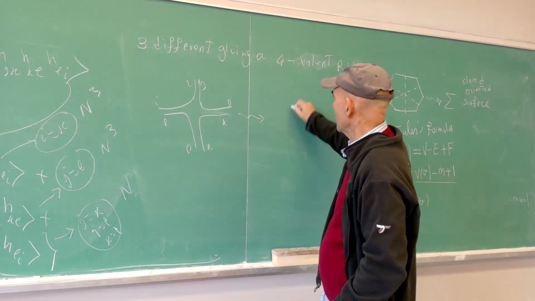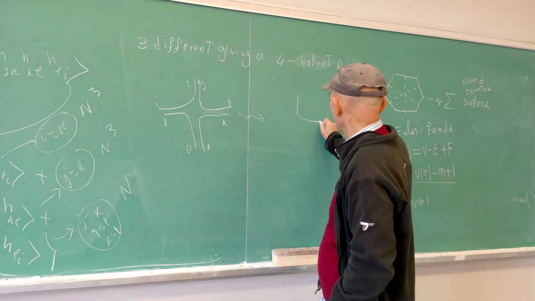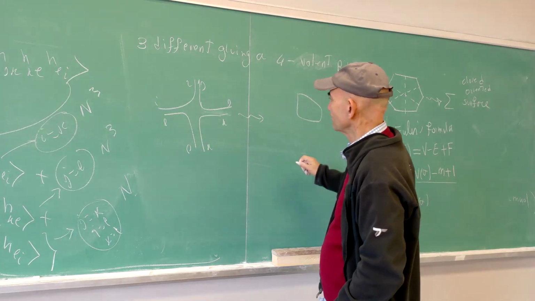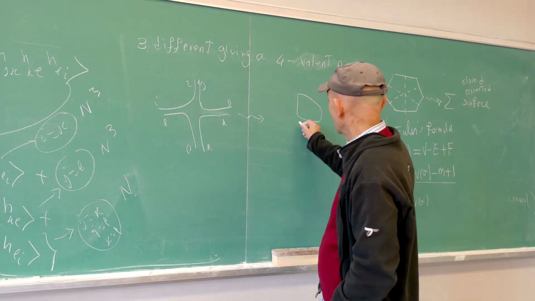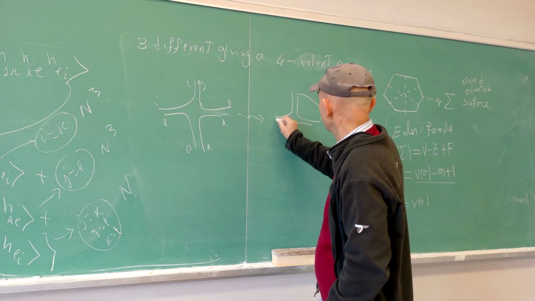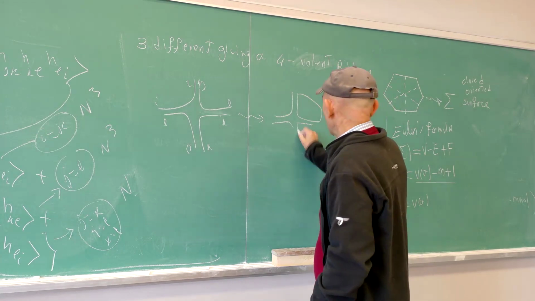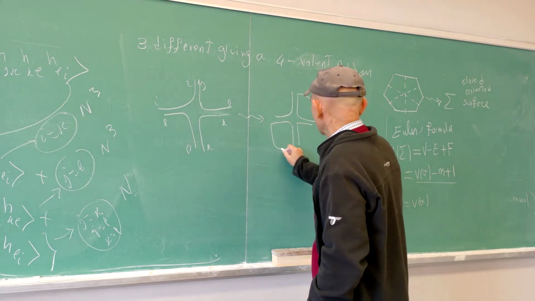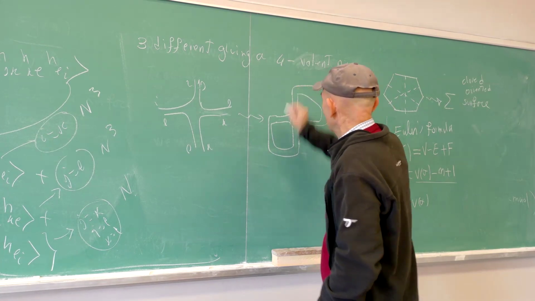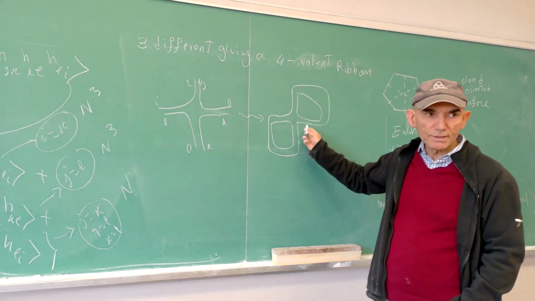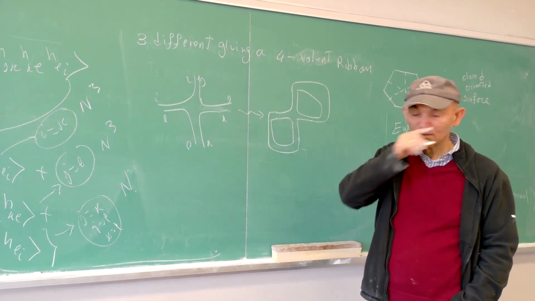So you get this one now, right? And then here, you get this. So this is a closed ribbon that we get, right?